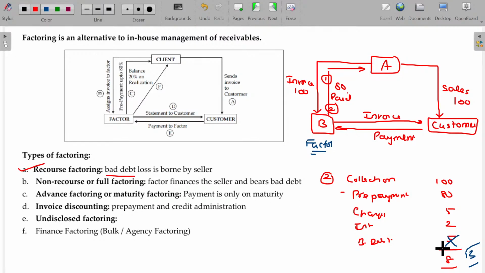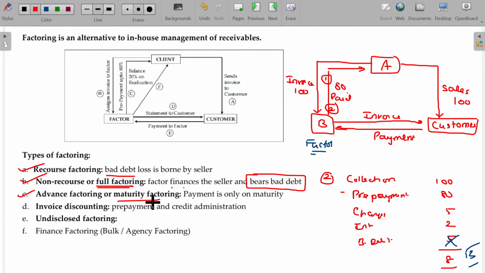Non-recourse: usually we call factoring itself non-recourse unless specifically stated, and non-recourse is otherwise named as full factoring. So the factor finances the seller and bears the bad debt also. That's called non-recourse or full factoring.